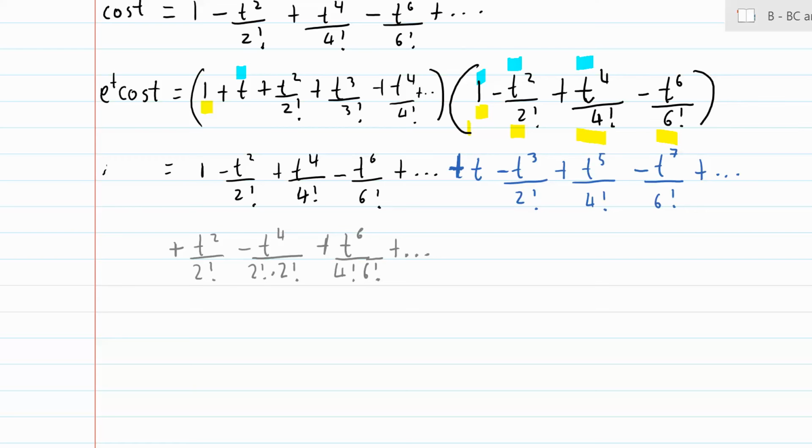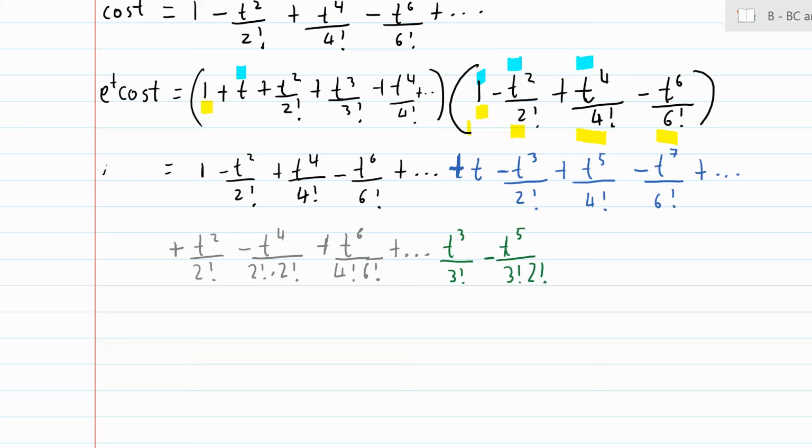And then the fourth term in the first one is t cubed over 3 factorial times 1, which is the same thing. Then times the second term would be negative t to the 5 over 3 factorial times 2 factorial, because we're multiplying the factorials in the denominators of both terms.